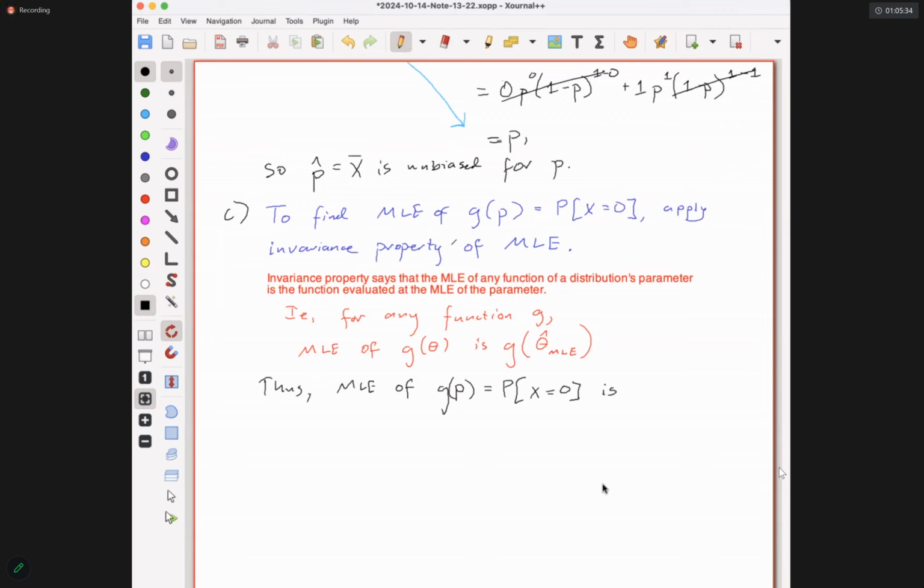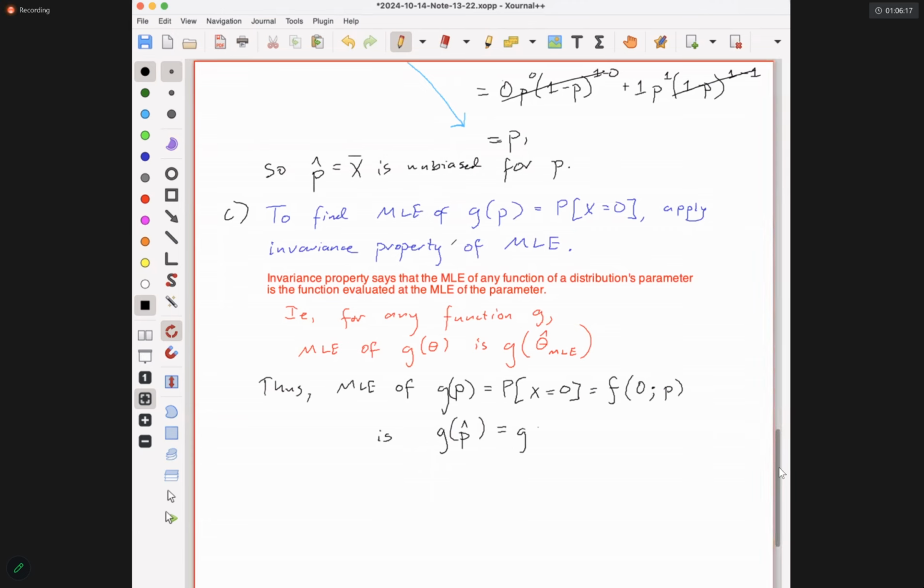So the invariance property tells us that we don't need to do any of that because we can just plug in p hat in place of p. So this is g of p hat. And the probability that x is 0 is f of 0 given p.